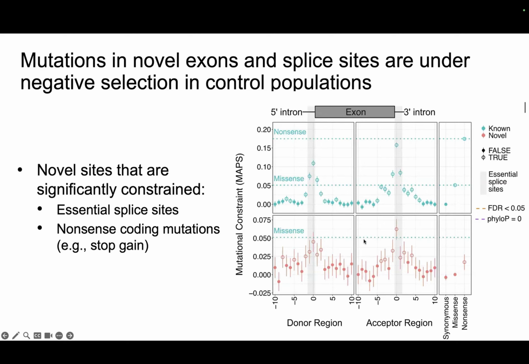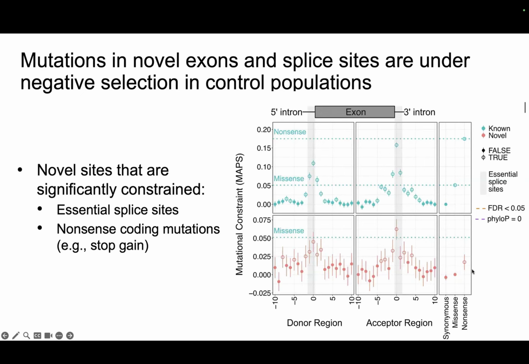We see that the mutational constraint in acceptor regions of novel isoforms is a little bit more constrained than typical missense mutations in known isoforms. So these are under mutational constraint. Same for essential splice sites in the splice donor regions, which are mutationally constrained a little bit under the value of missense variants.